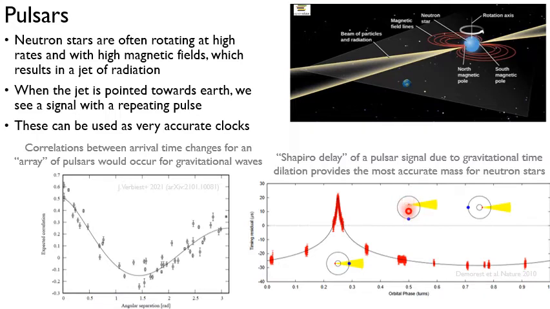The light from the pulsar will be slowed down. And so you'll see the time of arrival for the pulse change as a function of time. And this is a so-called Shapiro delay, and this is how we can get the masses of neutron stars to extremely high accuracy. So pulsars are useful in that regard.